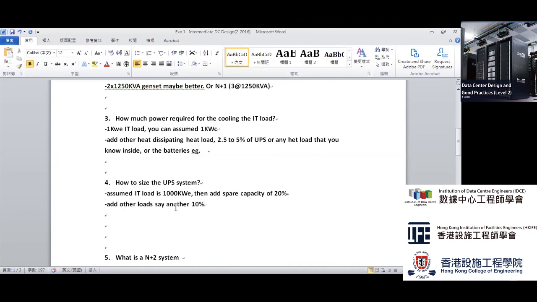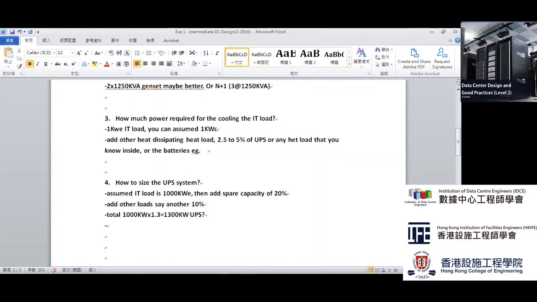Total equals 1,000 kilowatt times 1.3, which is equal to 1,300 kilowatt UPS. Round, because you also want to have not just one single UPS.